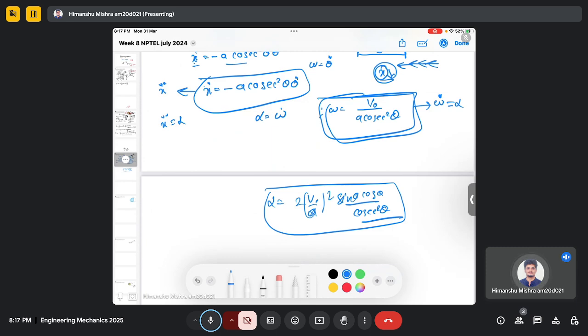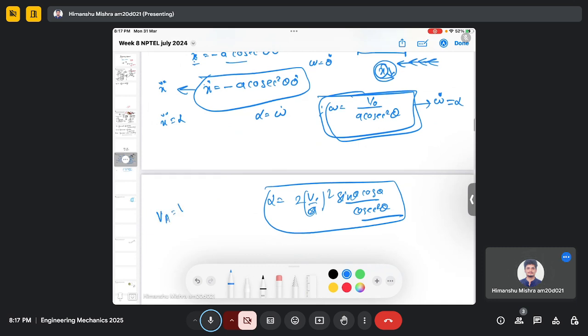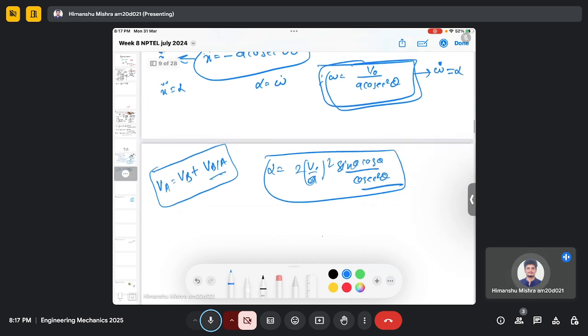Like in the beginning of this tutorial, we used the relation where the velocity of point A can be given as the velocity of B plus the relative velocity of A with respect to B. So basically now we will use this relation and see how we can apply it to problems.